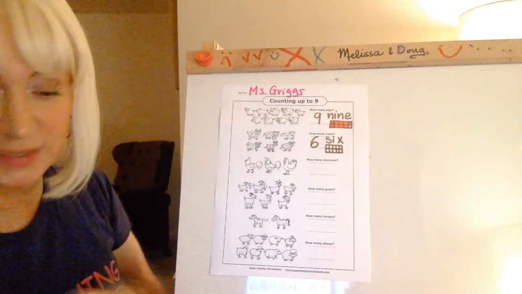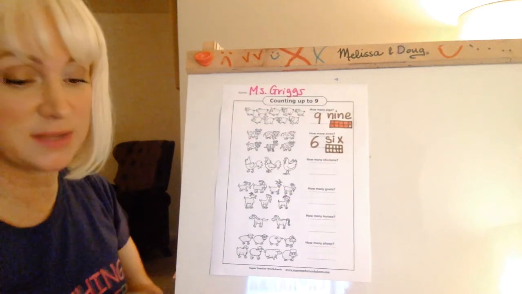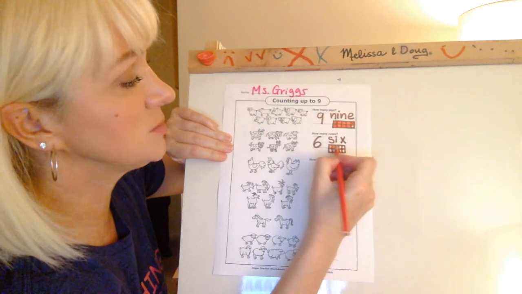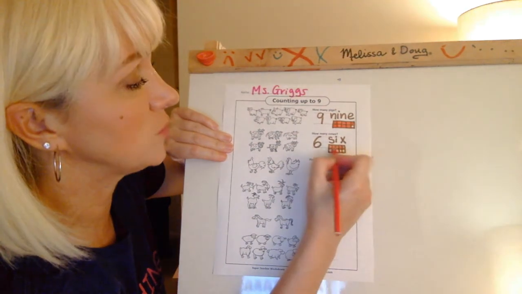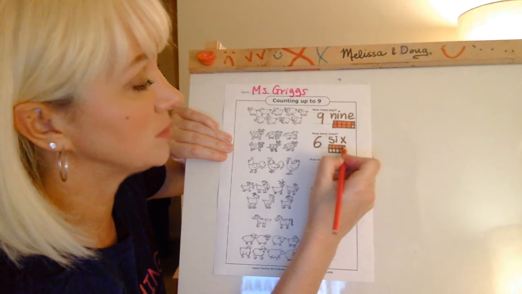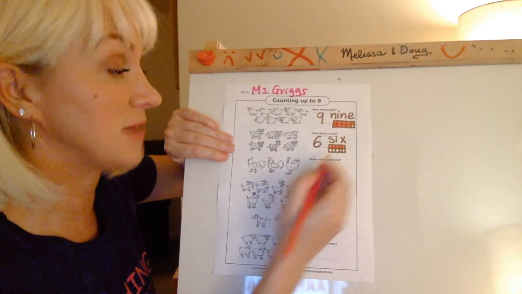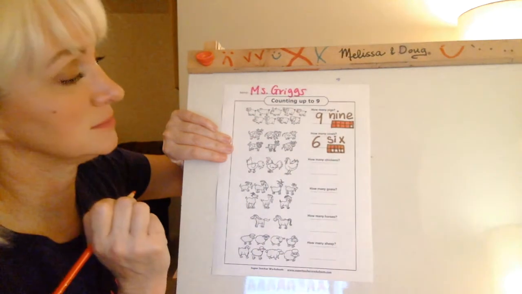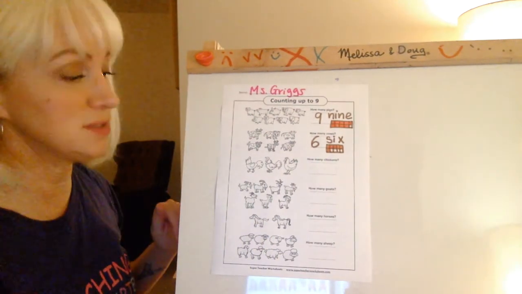And I'm going to color in 6 boxes on my 10 frame to show what that would look like. So 1, 2, 3, 4, 5, because we know if we have the top full, we talked about that last week, that's 5 of them, and 1 more makes 6. There's my 3 representations.